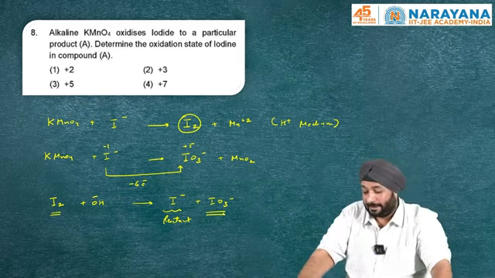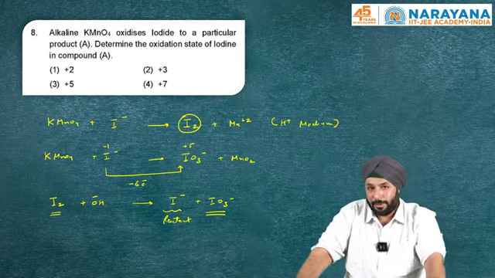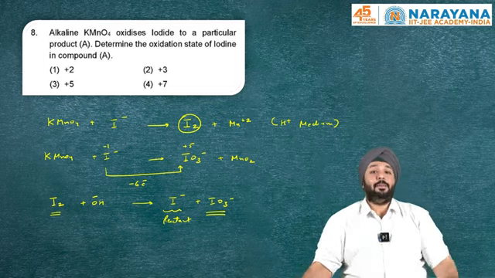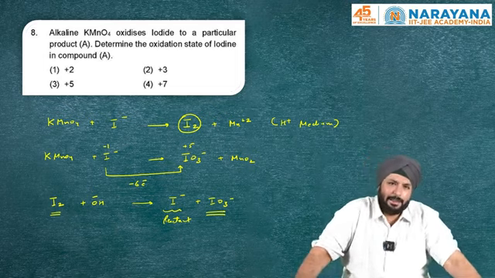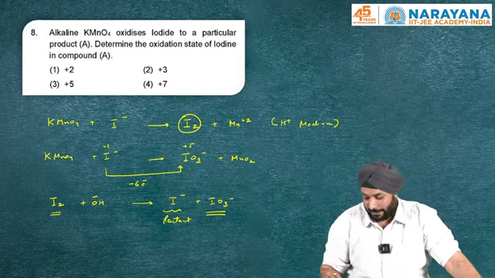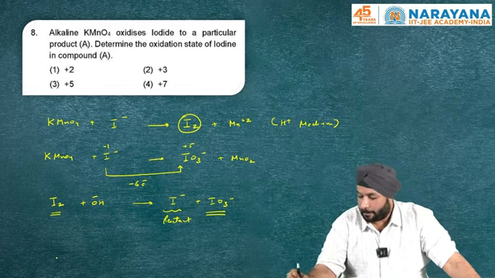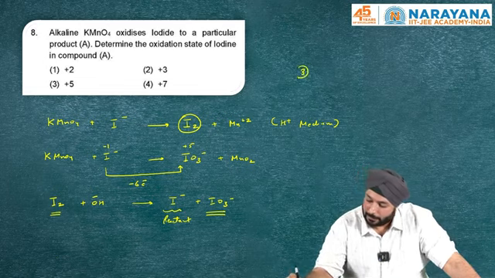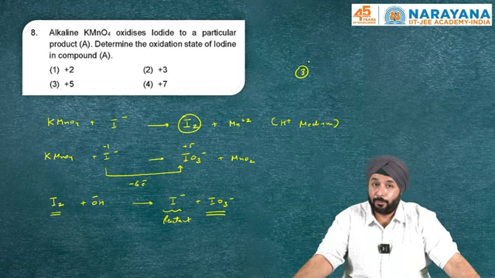So I guess this trick will help you to remember in the future that iodide in the presence of alkaline KMnO4, that is an alkaline medium, is actually converted to IO3 minus, right? So the answer for this is option number 3. We'll move to the next question.